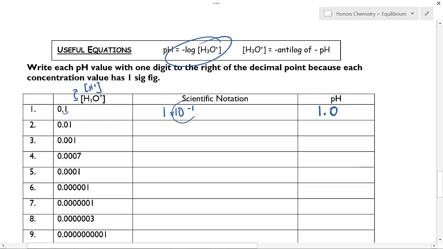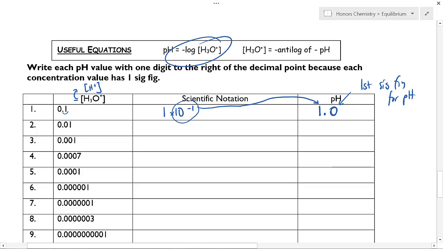This little 10 to the negative 1, for log base 10, that power of 10 is always this first term. That represents that first term. And so because that's a placeholder, it's not a sig fig, this number here actually becomes the first sig fig for pH. That's going to be the first sig fig for pH.